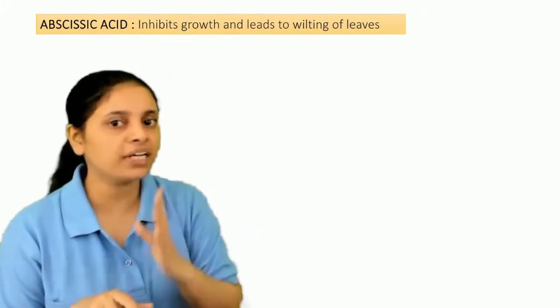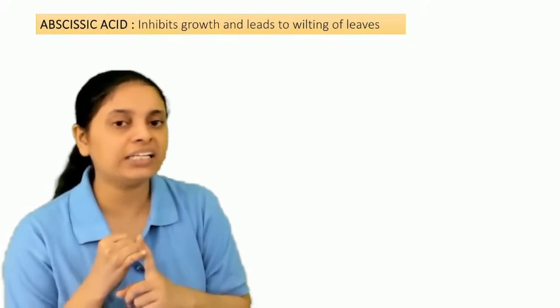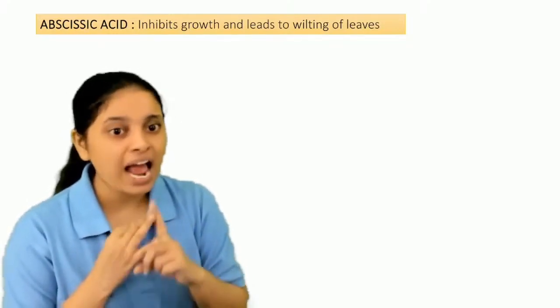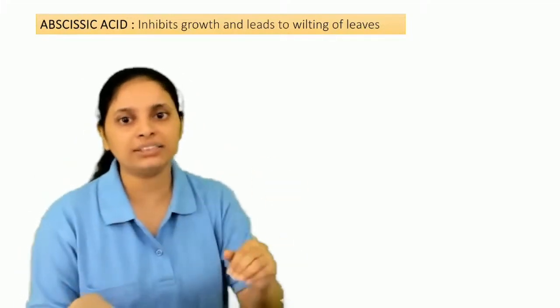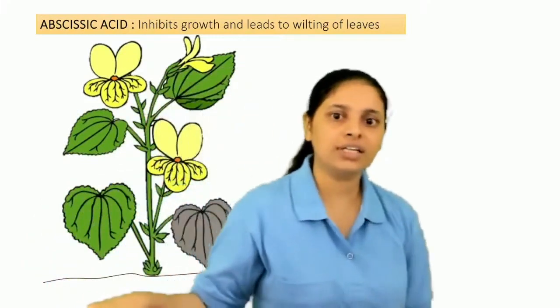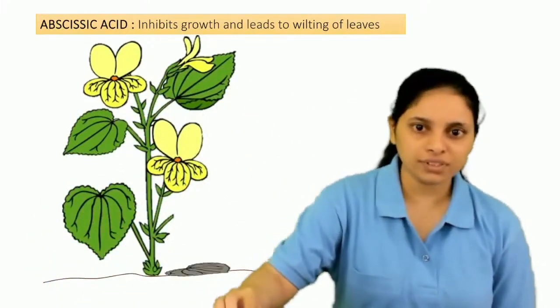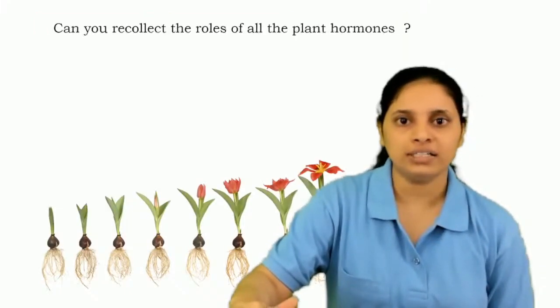Okay, so function में क्या क्या लिखना है? Abscisic acid inhibits growth, it leads to wilting of leaves, and it leads to closure of stomata which minimizes the water loss during drought like conditions. Clear? Very good. It will also lead to abscission of leaves, okay, falling or shedding of older leaves.